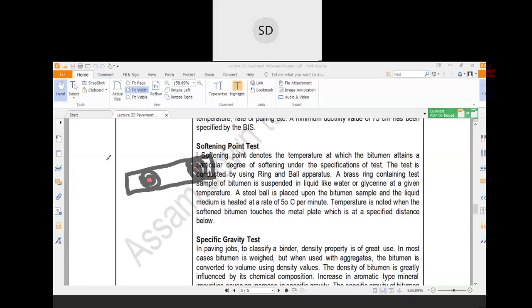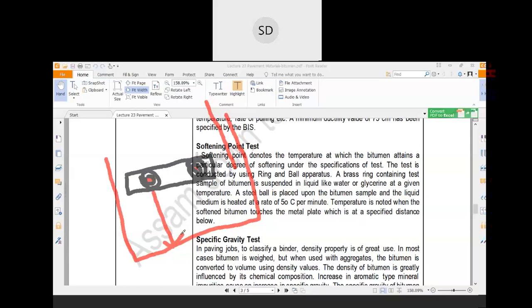Now, this total assembly would be put over a test jar filled with water, and you will gradually increase the temperature of the water. One thermometer would be attached to that assembly to note down the temperature of the total assembly. Now, the softening point is that point when the bitumen content with the steel ball touches the bottom portion of the test jar.